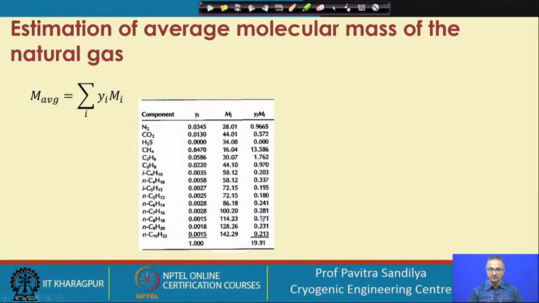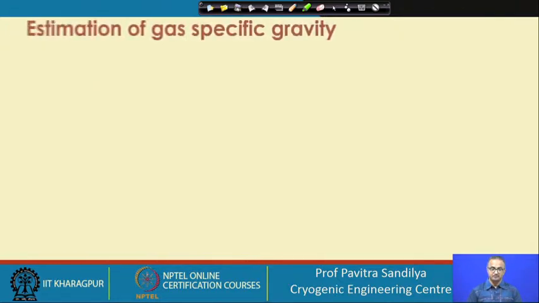After summing it up, we get the average molecular weight of the natural gas. This is quite straightforward: with the given mole fractions we got the average molecular weight of the natural gas.